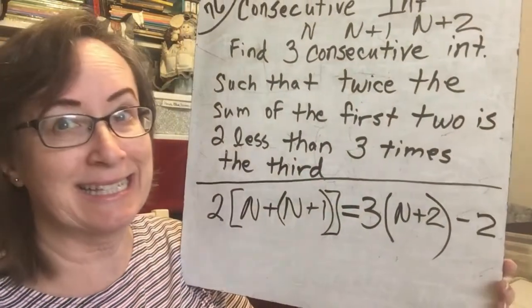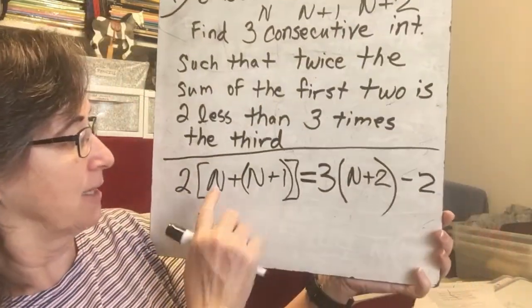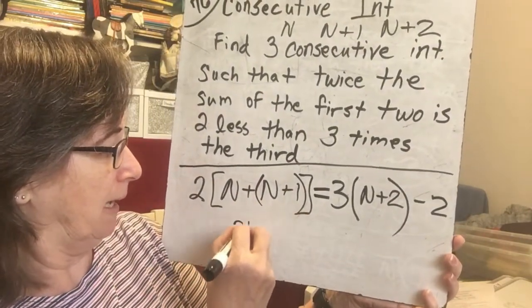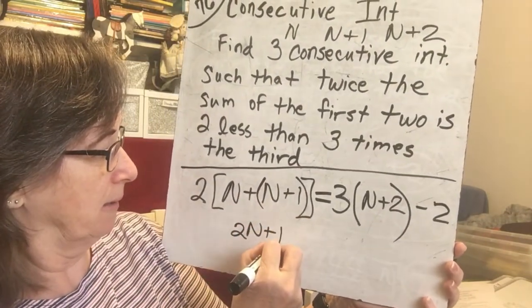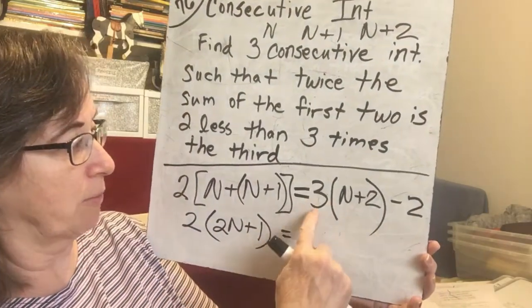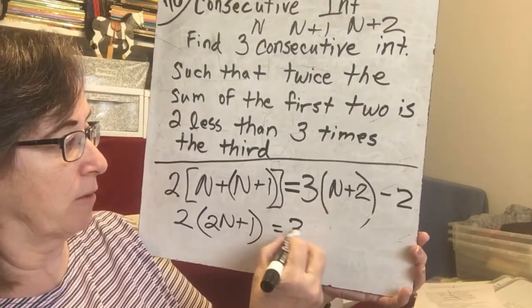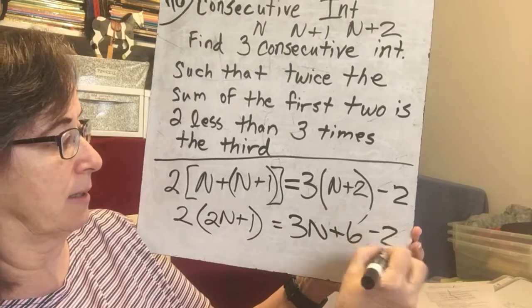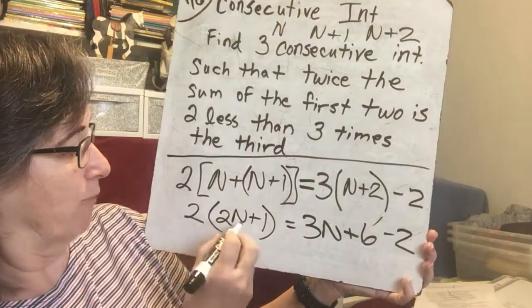So now let's simplify all of this. n plus n plus 1 is 2n plus 1, times 2, equals 3 times this is going to be 3n plus 6 minus 2. Okay, so now I have twice all of this.